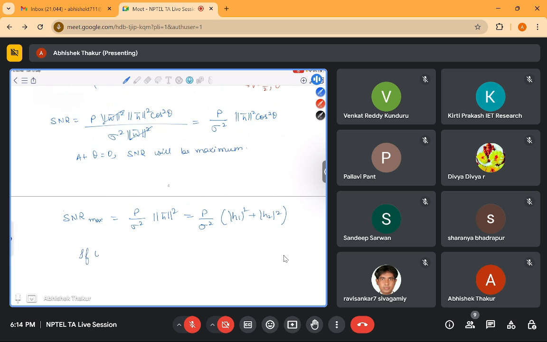If theta is equal to 0, then w bar and h bar will be aligned to each other in the same direction.